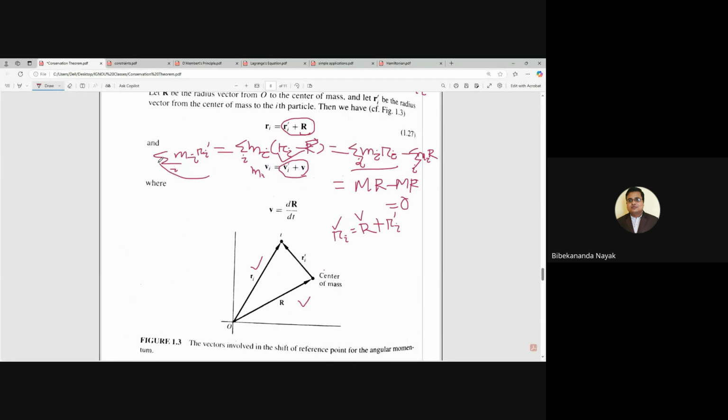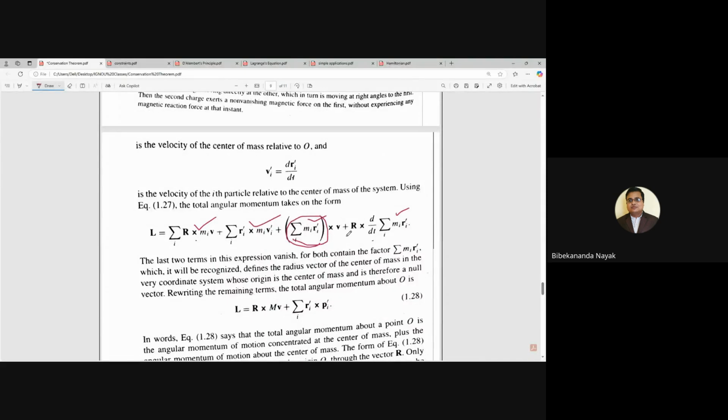So this term is 0. If you use vector algebra from this figure, you can show that this is 0. So the terms with mi Ri prime vanish.